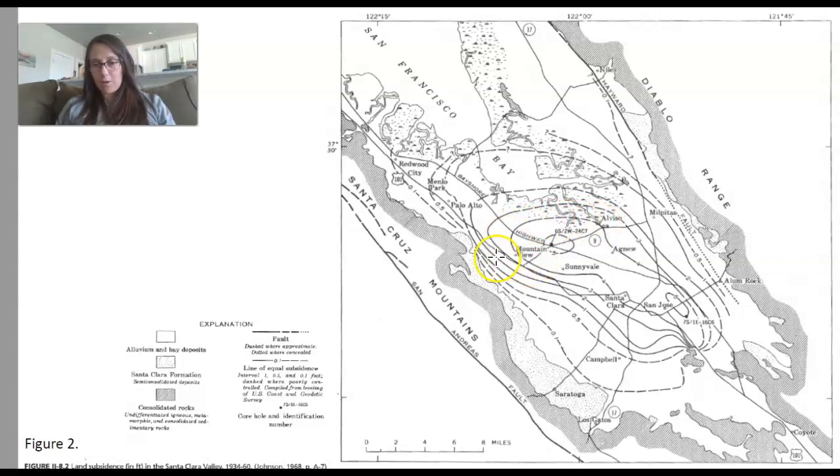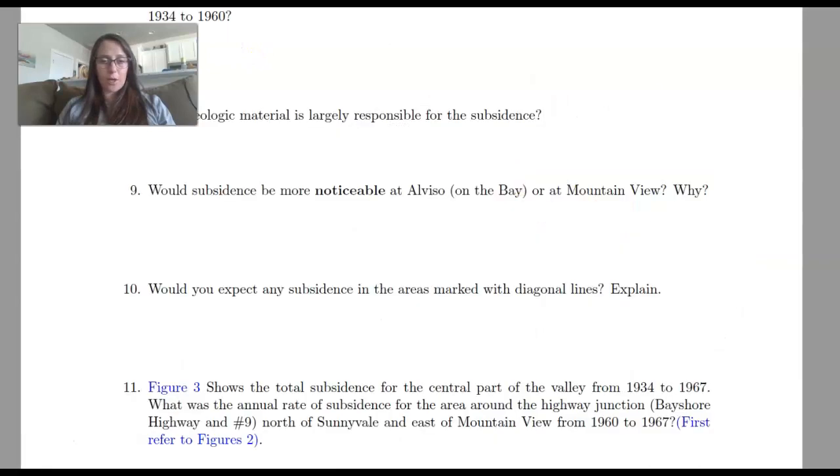However, one of them is near the mountains and one of them is at the bay. So which of those two locations would have a more noticeable subsidence? Think about where they are located and how you could tell the effects of that subsidence more.